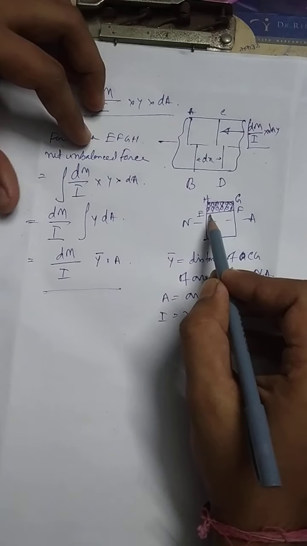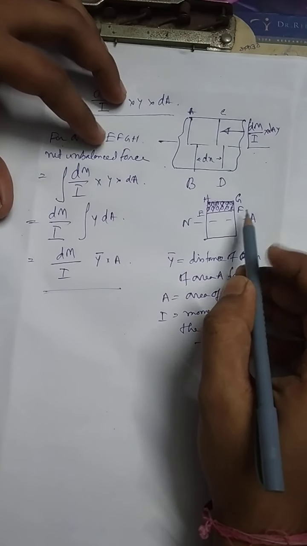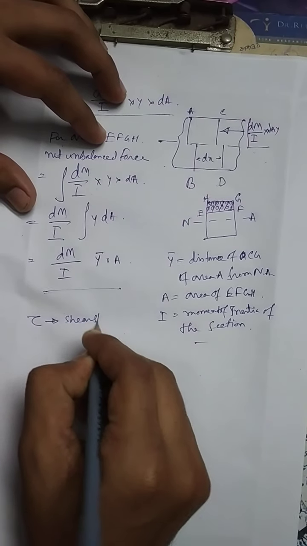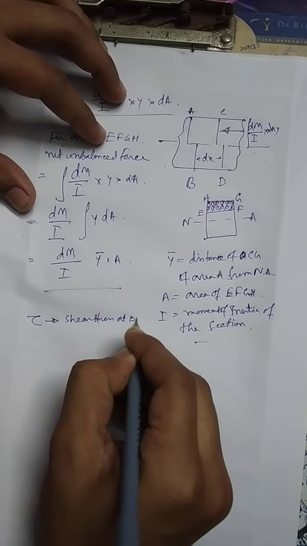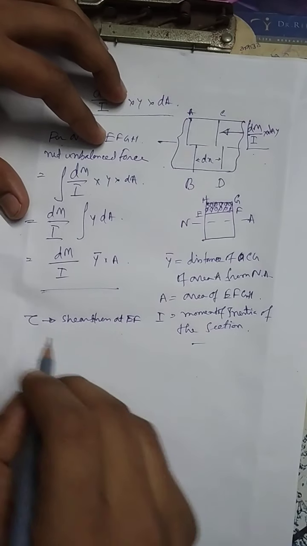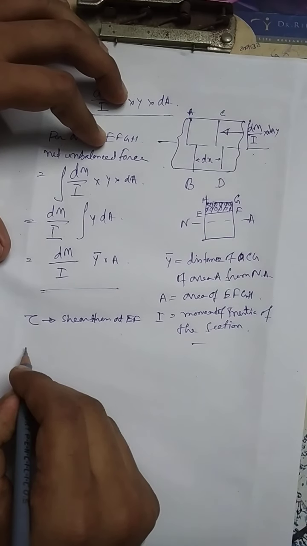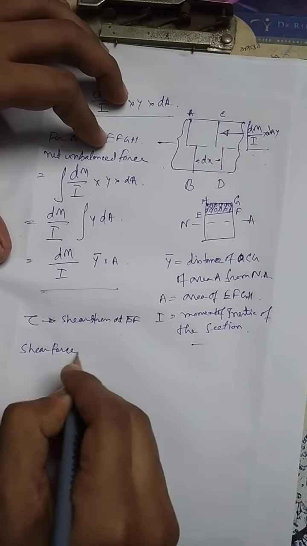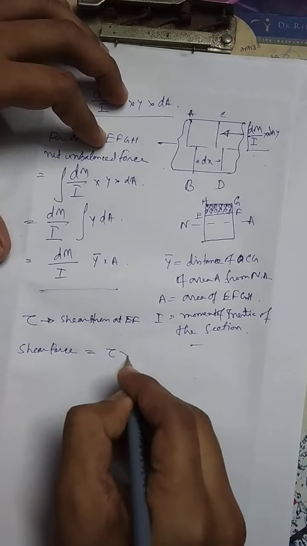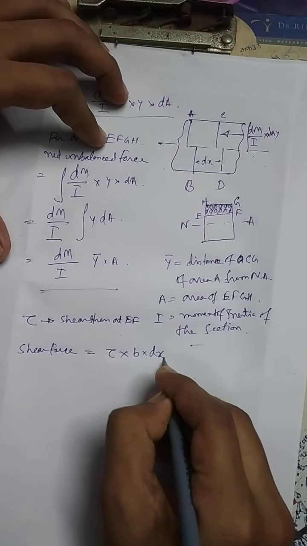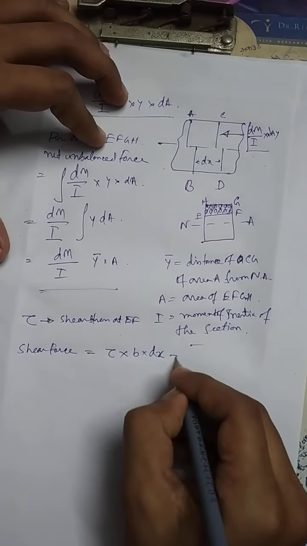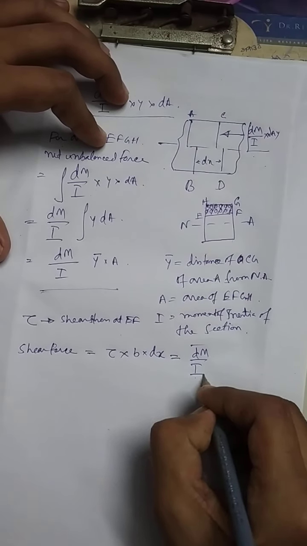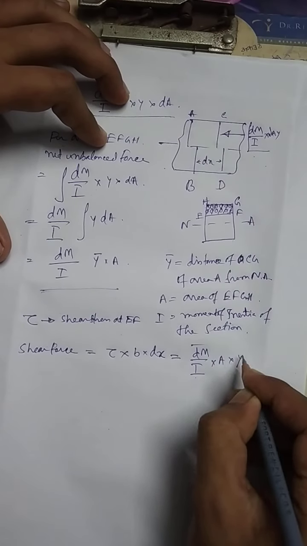So the shear stress along EF, if it is tau, shear stress at EF is tau, then the shear force will be tau into B into dx, and that will be equal to dm by I into A into y bar.